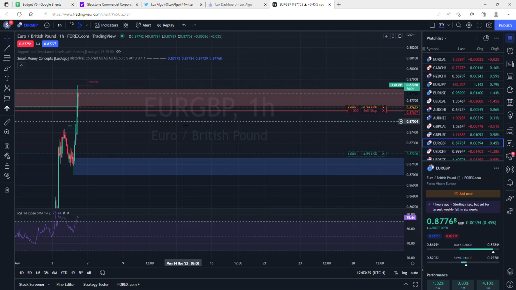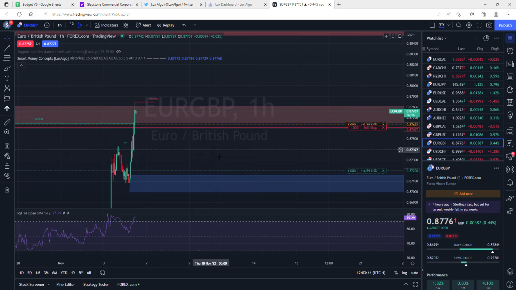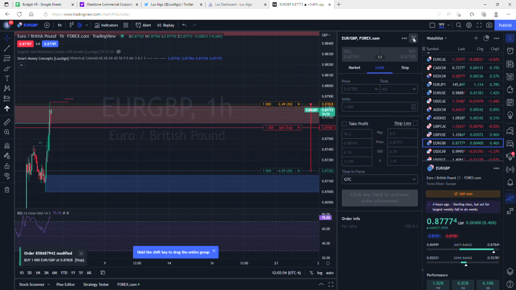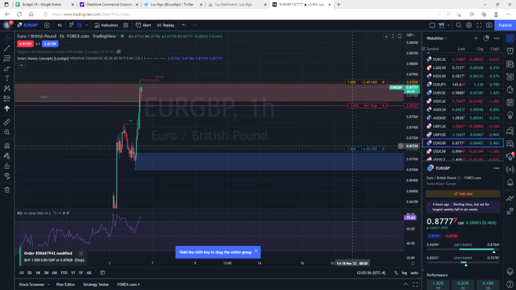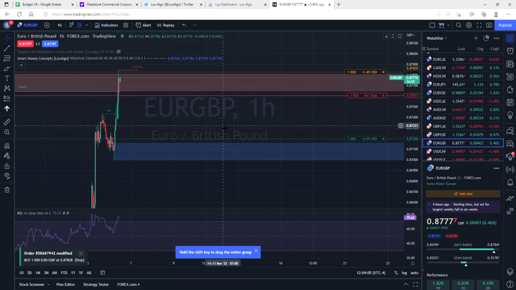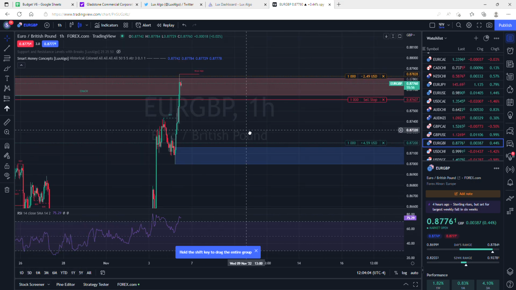You're basically entering just below the sell zone here. If it breaks out, stop loss should actually be adjusted up here. And then your take profit is down here. But that's the easiest way to set those up.